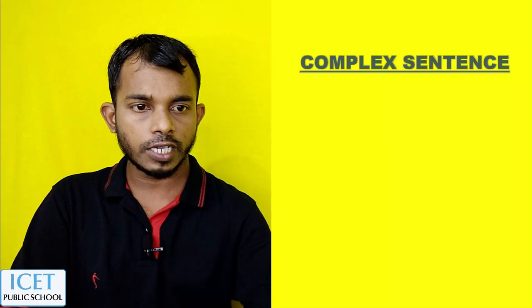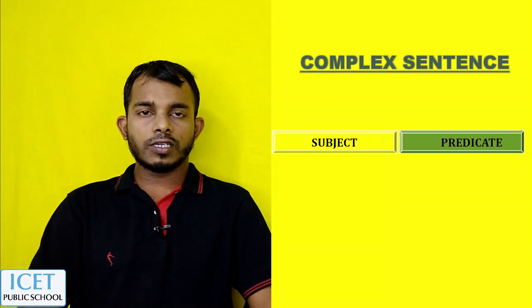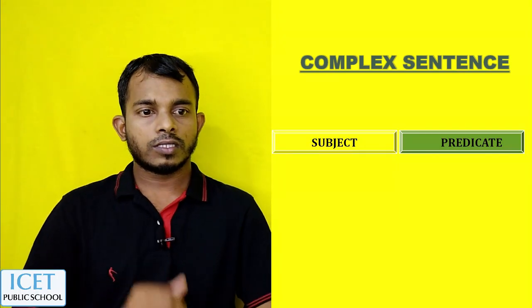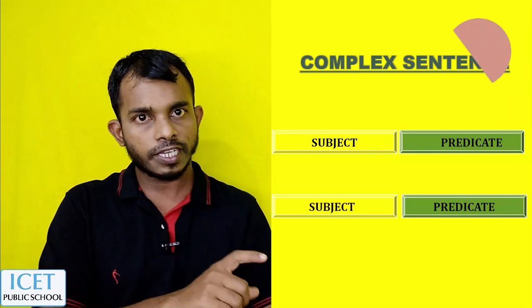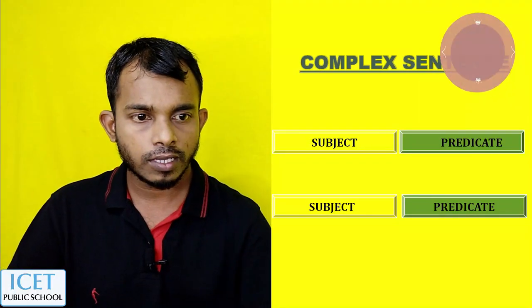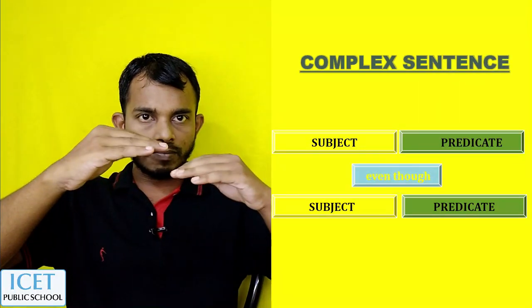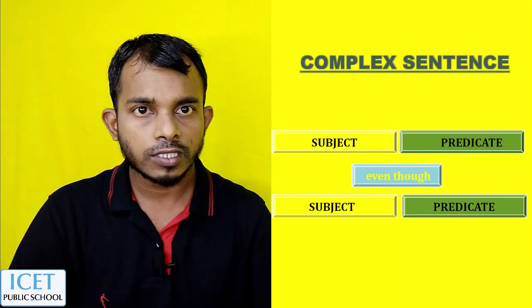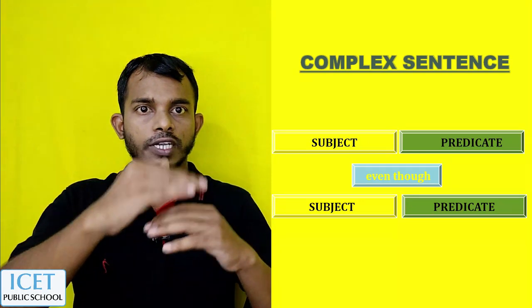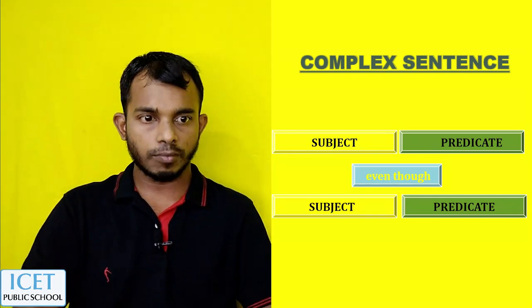Complex sentence again. Subject will be there, predicate will be there. Subject will be there, predicate will be there. That means two clauses, and both of them will be connected with a subordinating conjunction. Example: "even though."